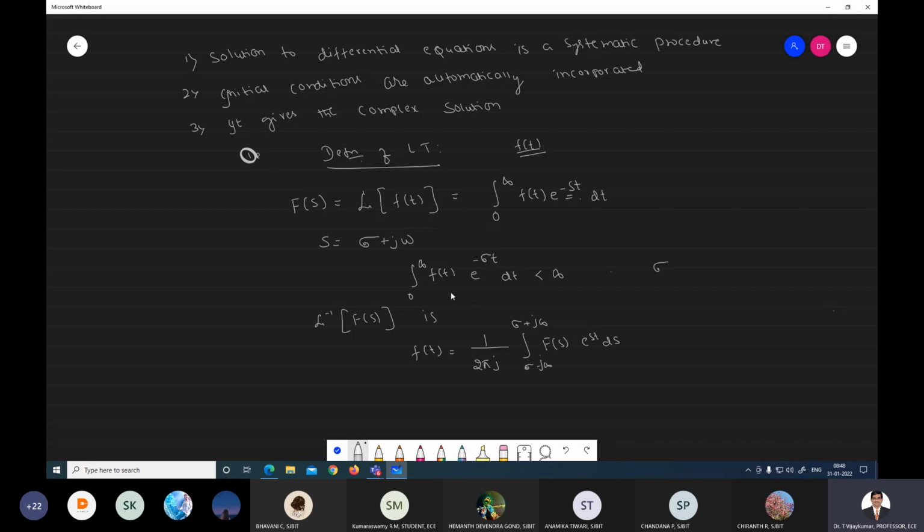That condition is that the integral from 0 to infinity of magnitude f of t e to the power of minus sigma t dt should be less than infinity, and here sigma is real and positive. The inverse Laplace transformation, Laplace inverse of F of s, is f of t is equal to 1 by 2 pi j integral from sigma minus j infinity to sigma plus j infinity of F of s e to the power of st ds. And here sigma is the real part of s.